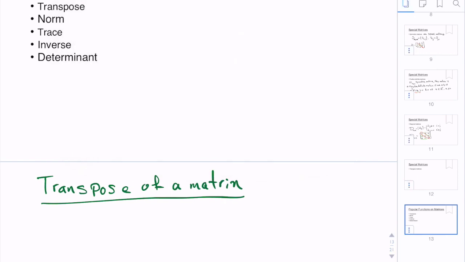If you have a matrix, let's call it A, of dimension m by n, we denote the transpose of this matrix by A^T. We use a superscript capital T, or sometimes we use A prime to denote the transpose. The dimension of the transpose of a matrix is n by m, and the transpose is obtained by basically swapping the rows and columns of the original matrix.